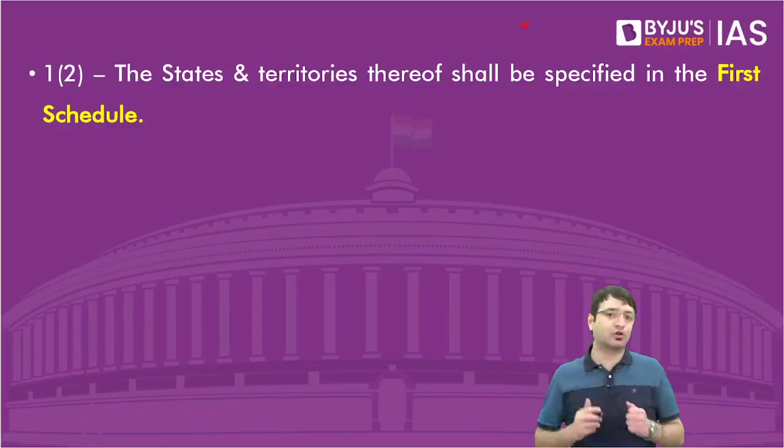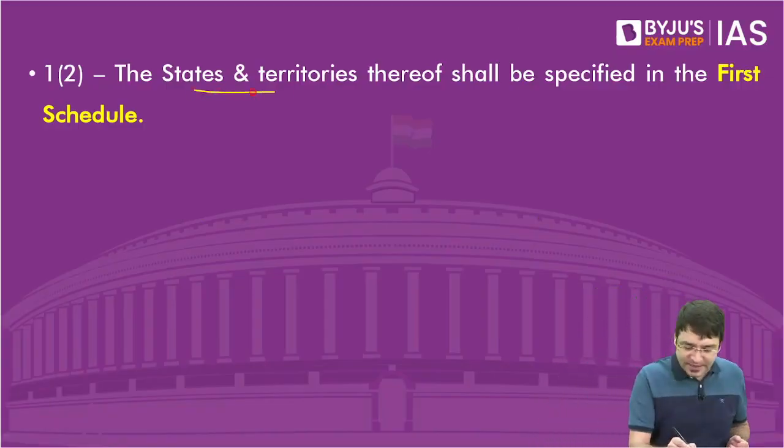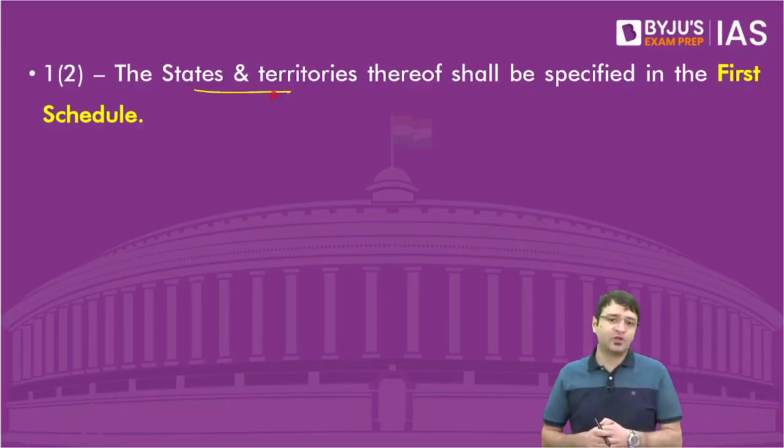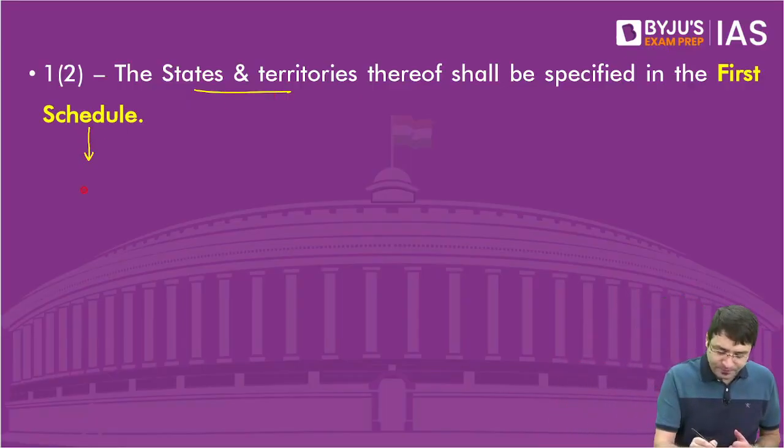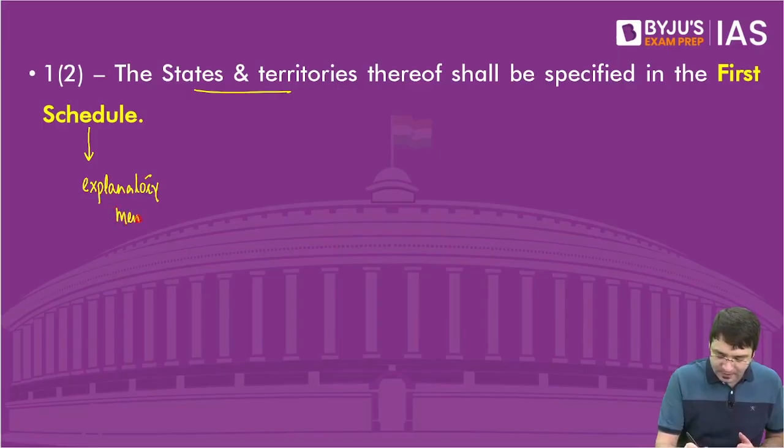Article 1, Clause 2. The states and territories thereof shall be specified in the first schedule of the Constitution. Now, what is a schedule? Schedule is an explanatory memorandum of an article.